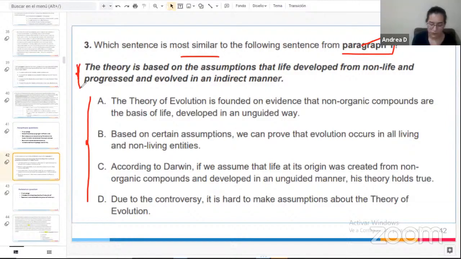Okay, thank you, perfect. So now you're being asked for a sentence that is most similar to that one. So please, I'll give you 1 minute to read these options and let me know what you think.